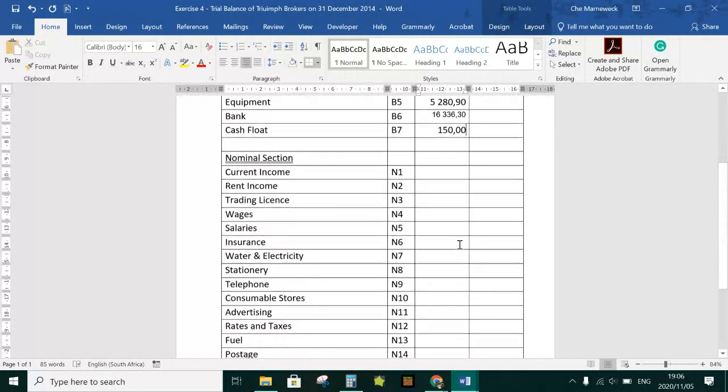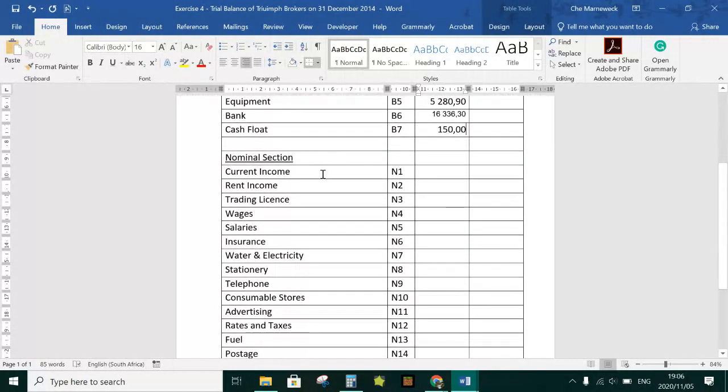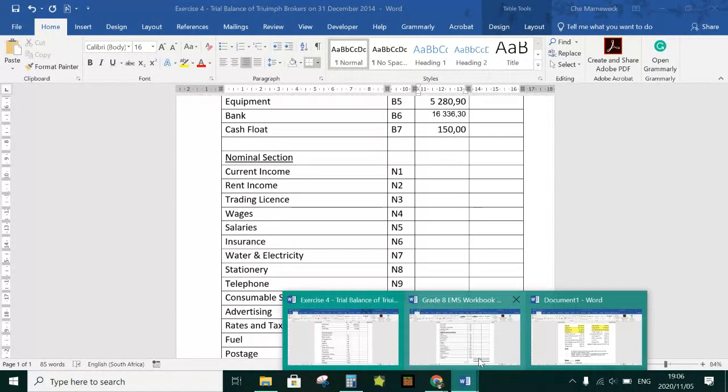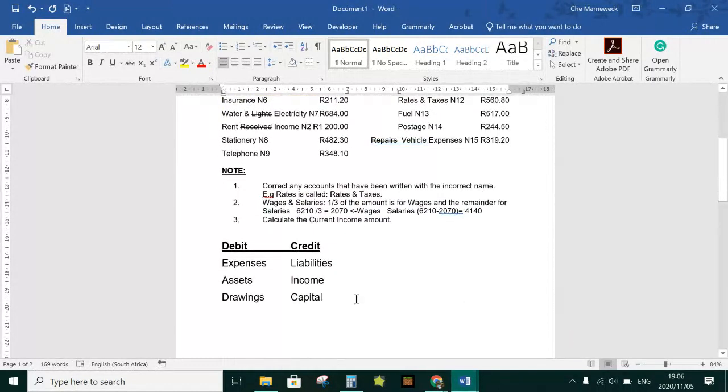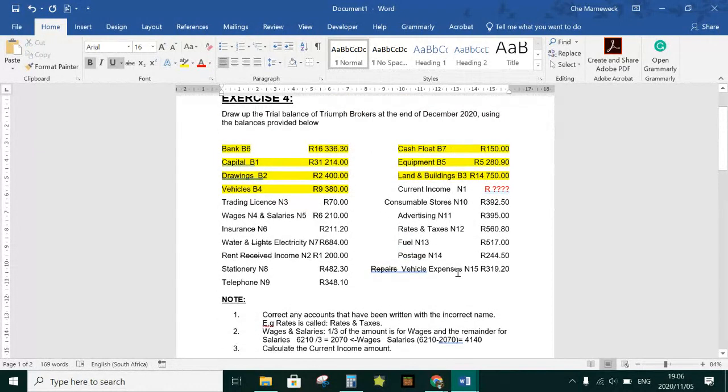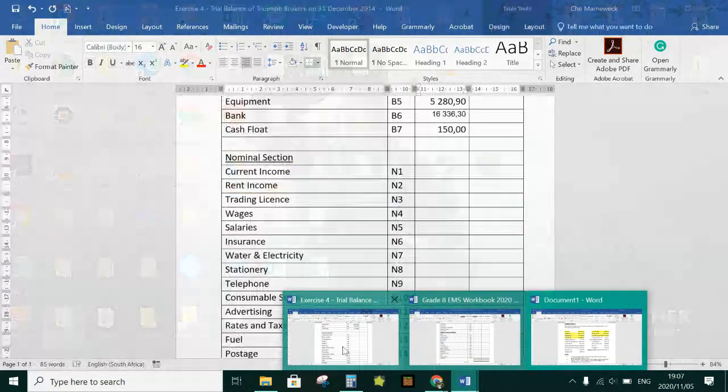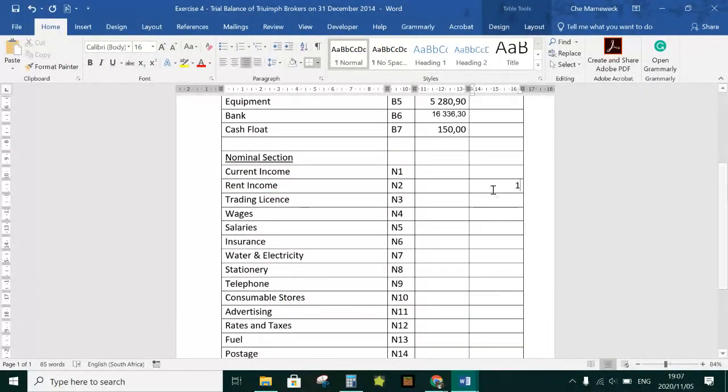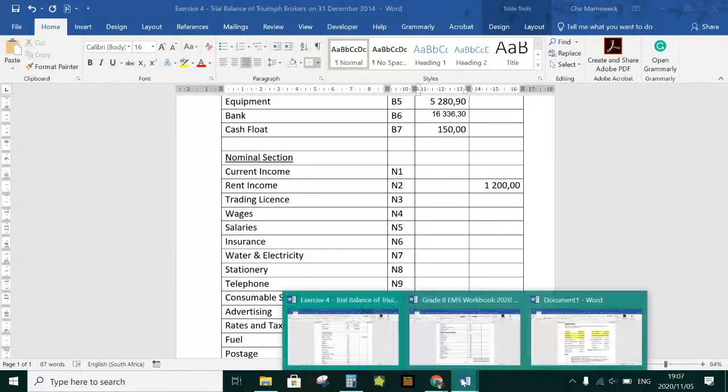Okay, we then go to the nominal section, our incomes. What do we do to income? Income is credit. So current income, we don't know yet. We're going to have to work that out. Rent income is 1,200. Everything else that's left over is an expense.